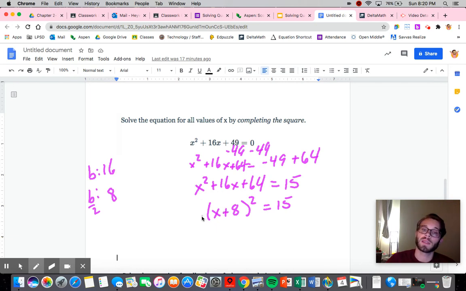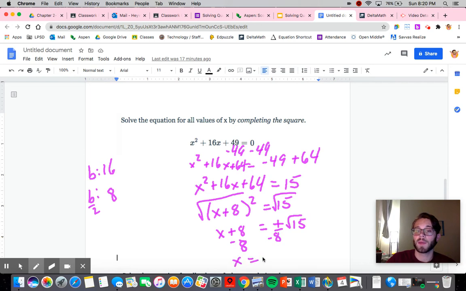So now we take the square root of both sides. Again, because we're solving an equation, we do not know if it's the positive or negative answer, so we have to include both. Then I'm going to subtract the 8, and I end up with negative 8 plus or minus the square root of 15.